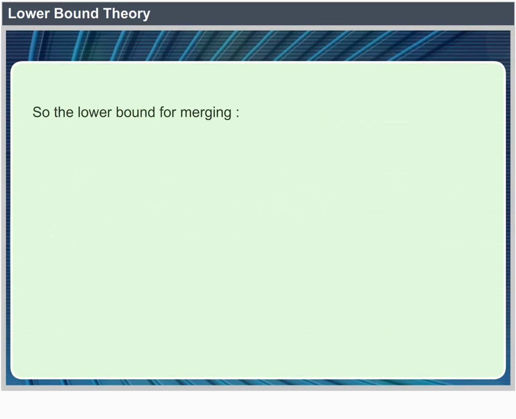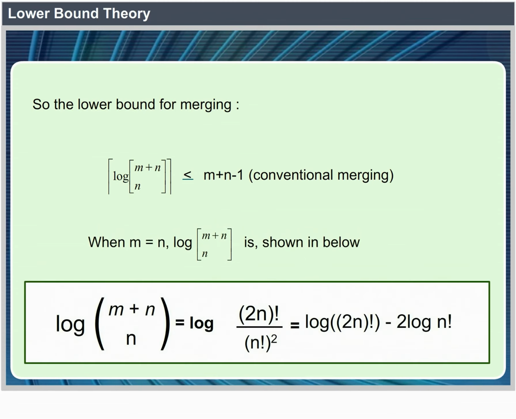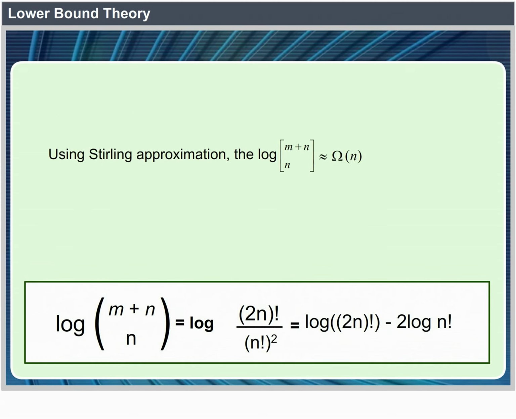So the lower bound for merging is ceiling of log of (m plus n choose n), which is less than or equal to m plus n minus 1, the cost of conventional merging. When m equals n, using the Stirling approximation, log of (m plus n choose n) is approximately big omega of n.